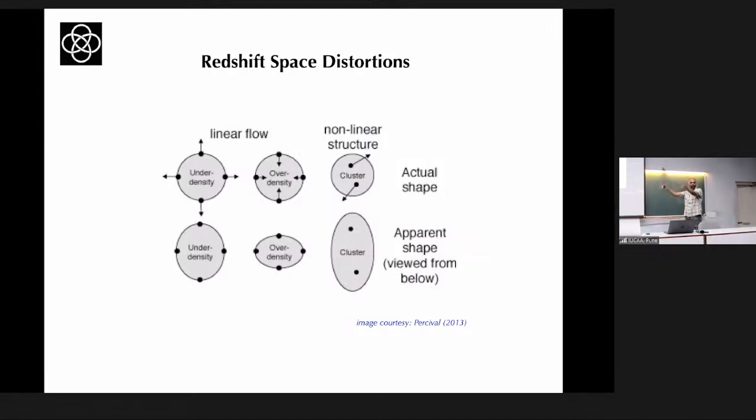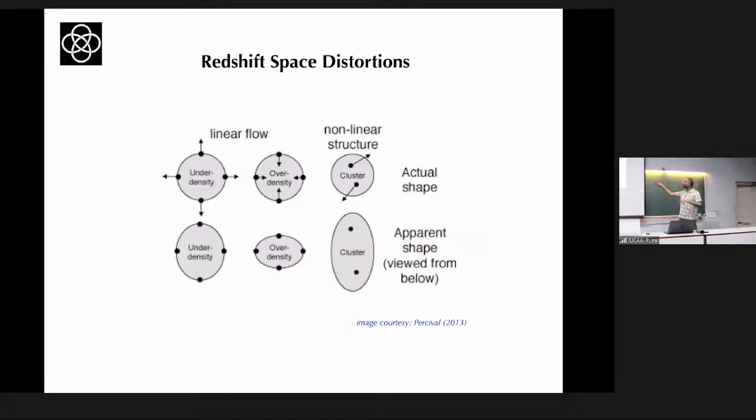Because it is an overdense spherical region, it is contracting into itself by some amount. So this is the physical picture, where the actual positions of these tracers are in this circle. Because this is an overdense region, the velocities are all pointing inwards towards the center of that region.